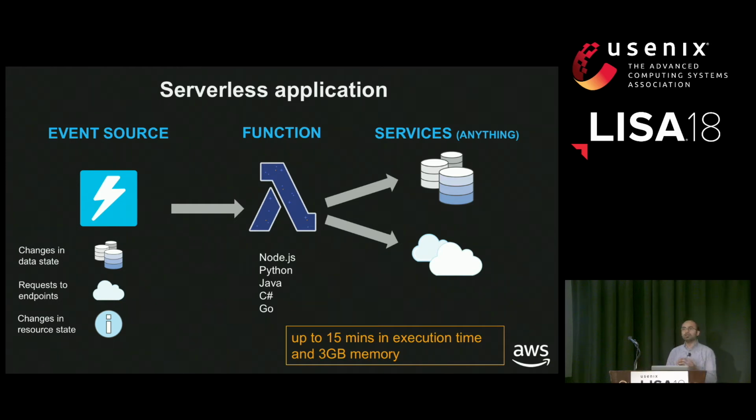There's an inherent thing here: because you're running function as a service, your time is limited. You can set a timeout threshold, and the maximum is currently 15 minutes. What about the compute unit?